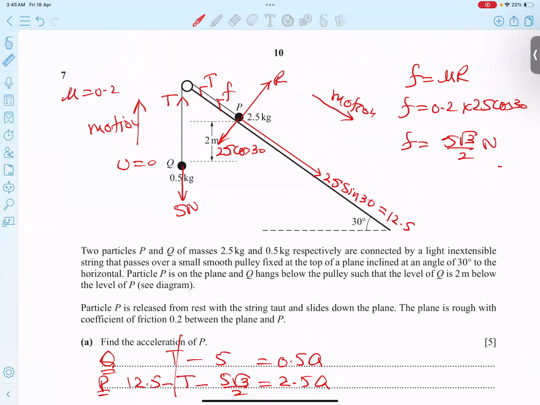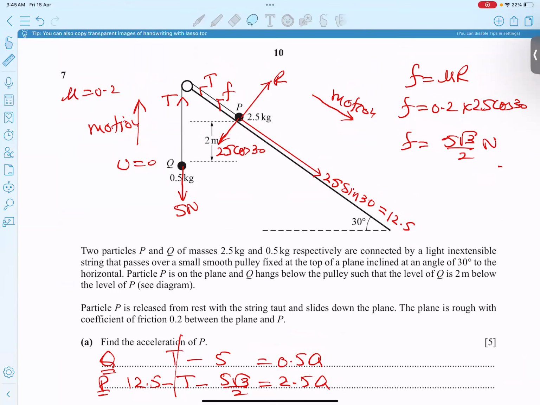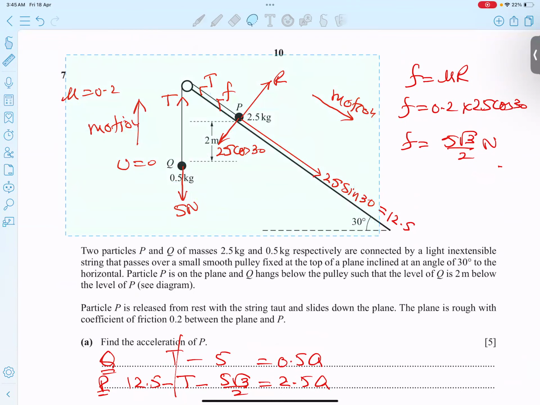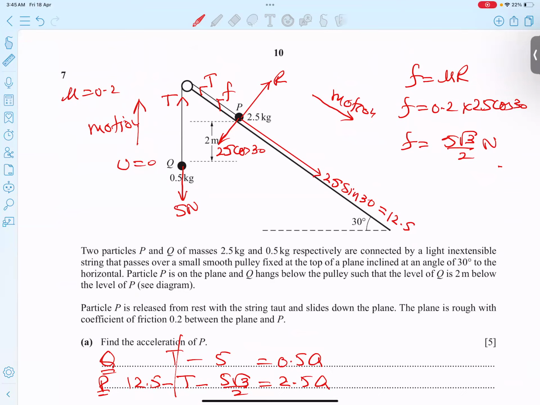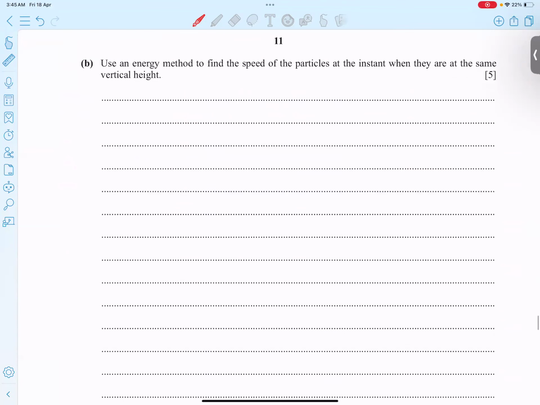Now I have to make this same diagram on the next page for the next part. The next part is: use the energy method to find the speed of the particles at an instant when they have the same vertical height.